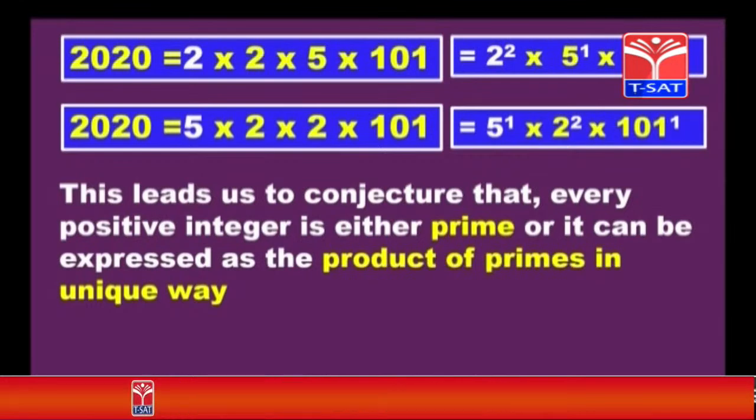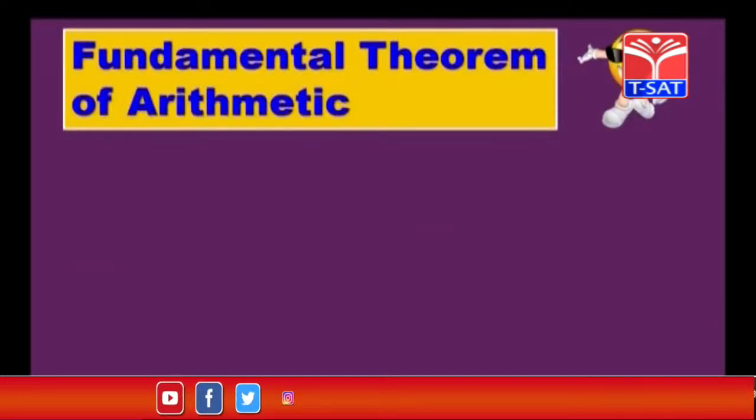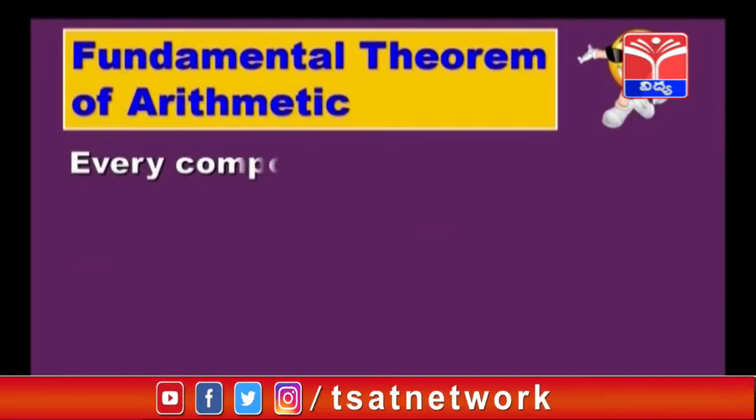This leads us to conjecture that every positive integer is either prime or it can be expressed as a product of primes in a unique way. Now let us see the fundamental theorem of arithmetic.